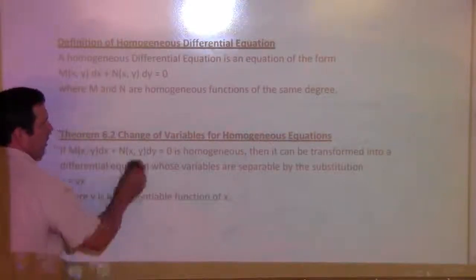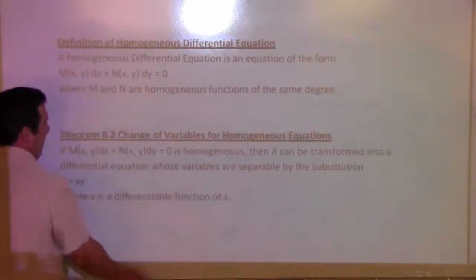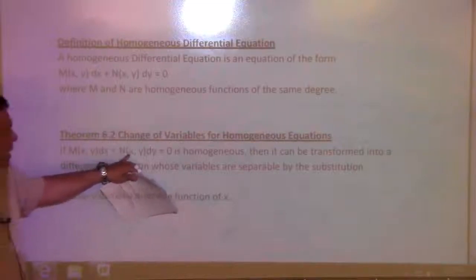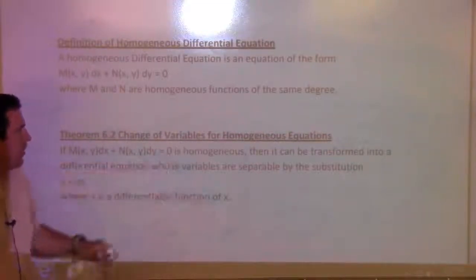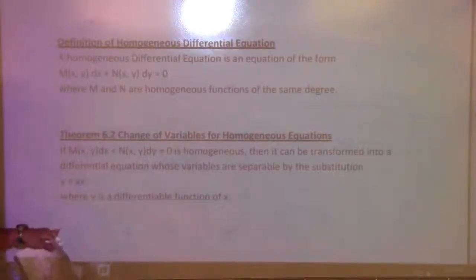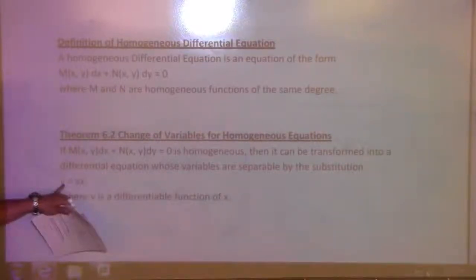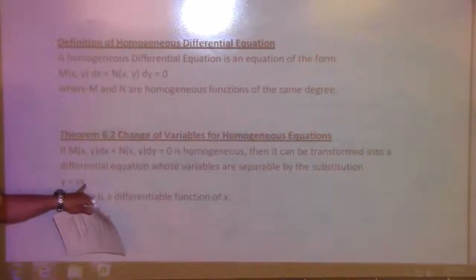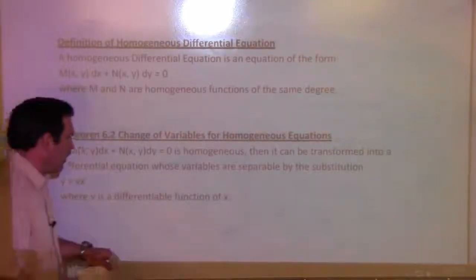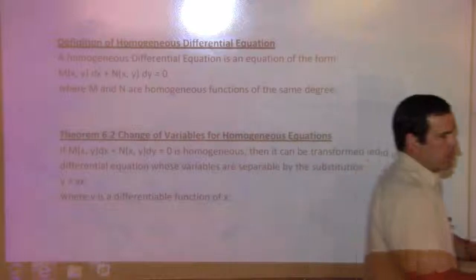Theorem 6.2, change of variables for homogeneous equations. If M of x, y dx plus N of x, y dy equals 0 is homogeneous, then it can be transformed into a differential equation whose variables are separable by the substitution y equals vx, where v is a differentiable function of x.